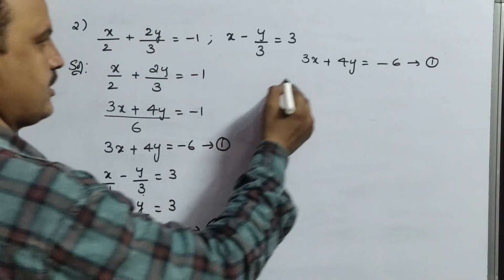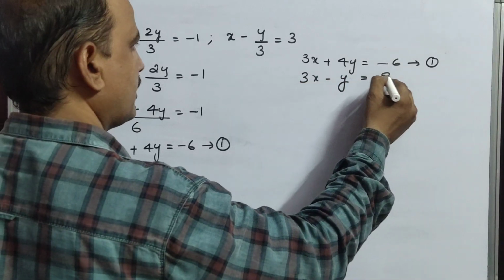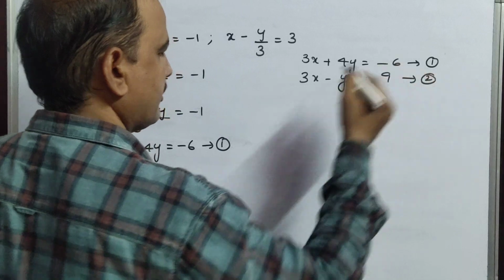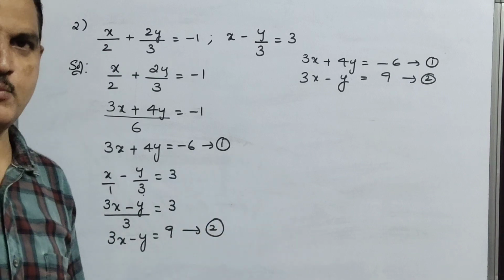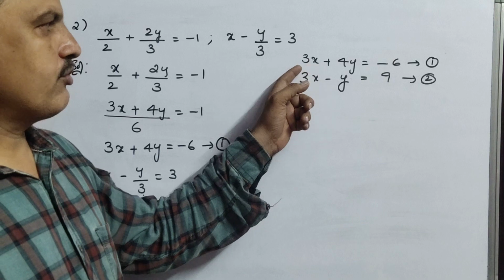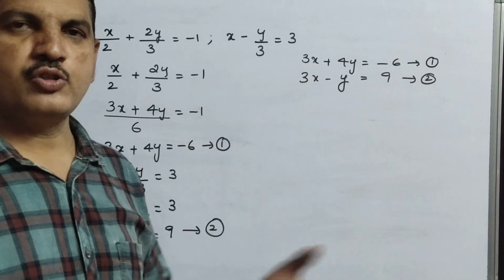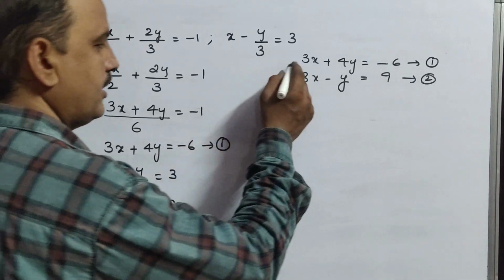The second equation is 3x minus y equals 9. Now children, if you observe clearly, it is a plus point for us, because the x coefficient is 3 and the x coefficient is 3. So we can eliminate very easily.